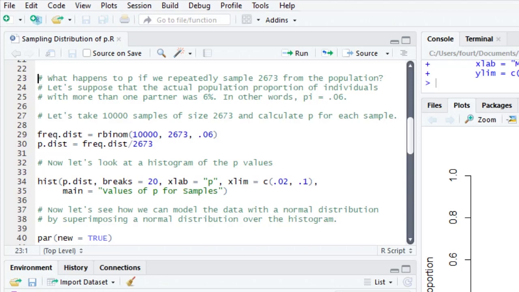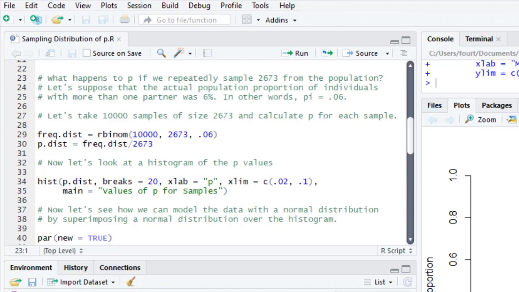Let's suppose, for the purpose of this simulation, that pi, the population parameter, is 0.06. So I'm going to set pi, the population proportion, at 0.06 for this example. In our one sample, we got 0.064, so we were close to the actual value, but not quite right on it.